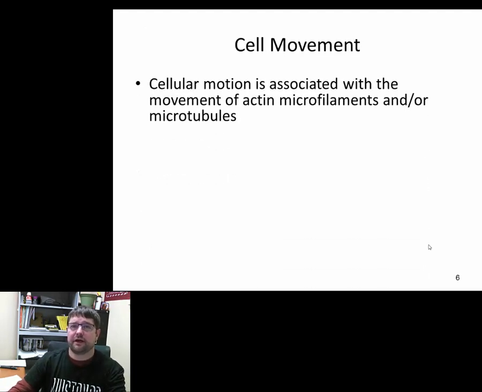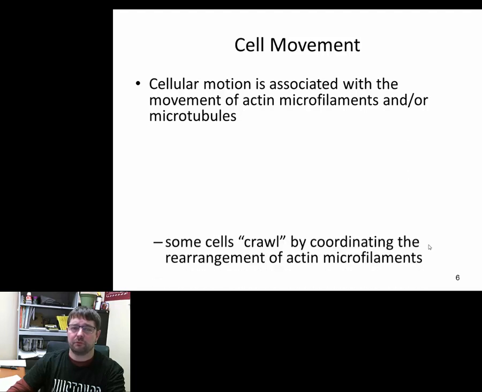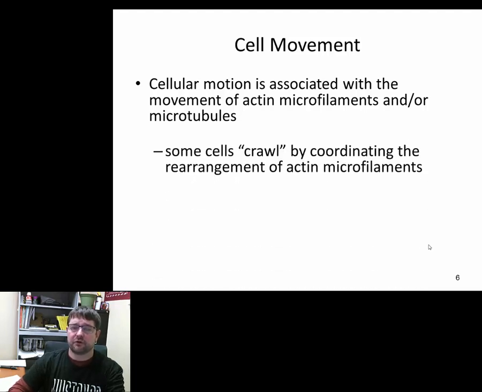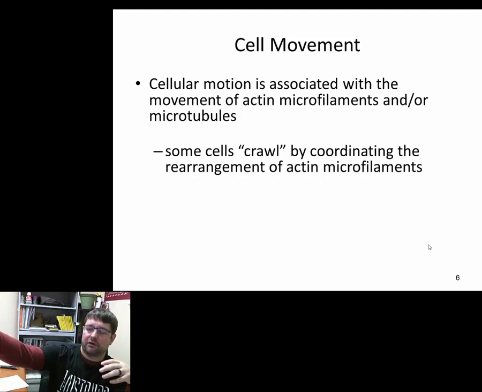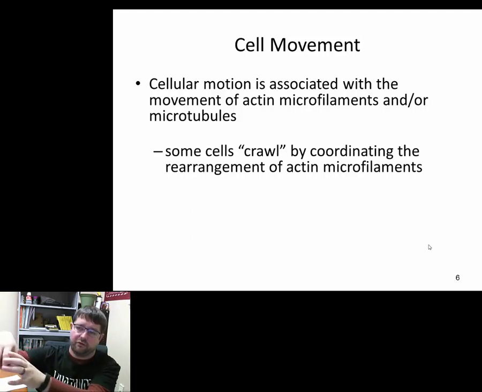So cell movement, again, these protein fibers, these structures are important for that movement. The actin microfilaments and microtubules can both be associated with movement. Sometimes we have these microfilaments that allow the organism to crawl, and I think some of you have probably seen amoebas moving, and so they'll extend out a little bit of material and then snake it over.